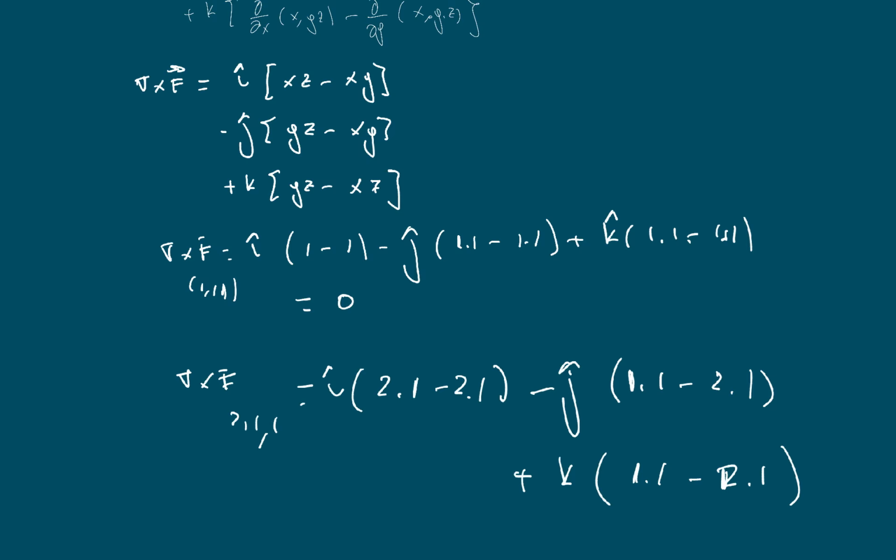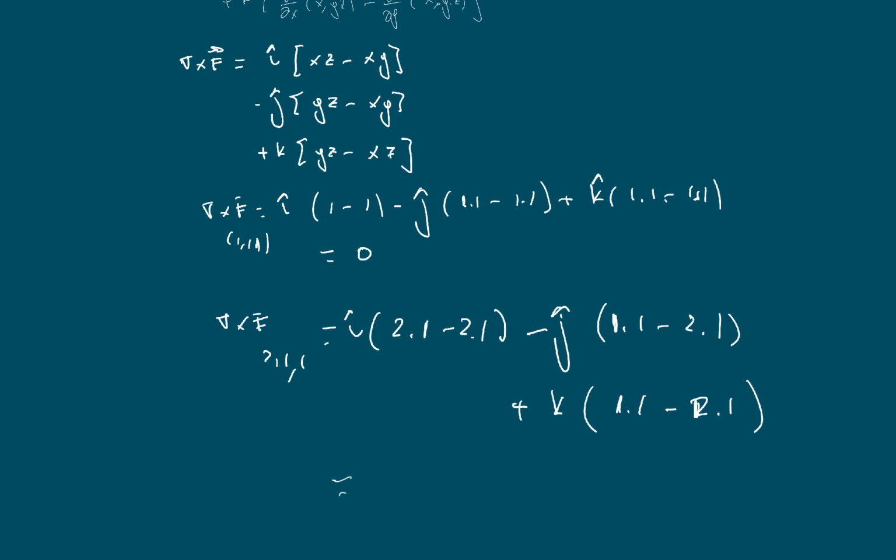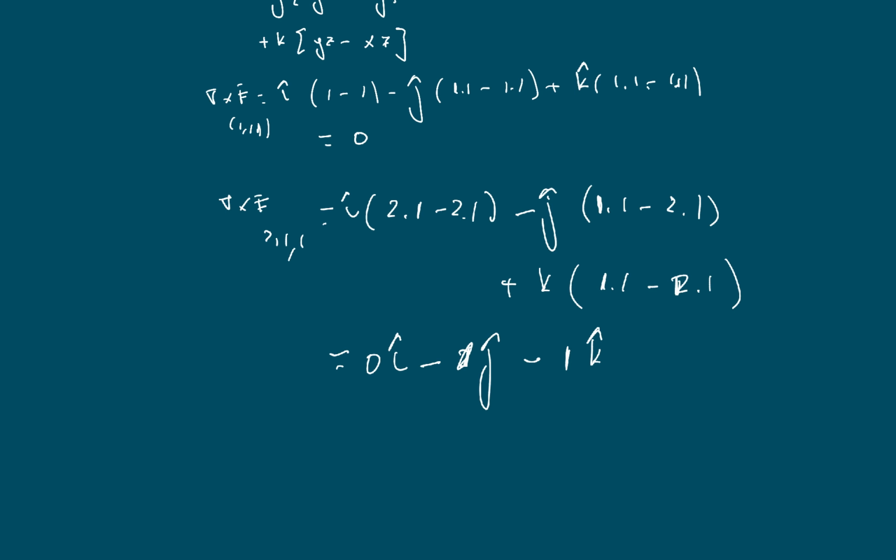So this is not 0, so there is a tendency to rotate. And in which direction? 2 minus 2 is 0, so 0i, minus 1j, and k will be 1 minus 2, which is minus 1, so minus 1k.